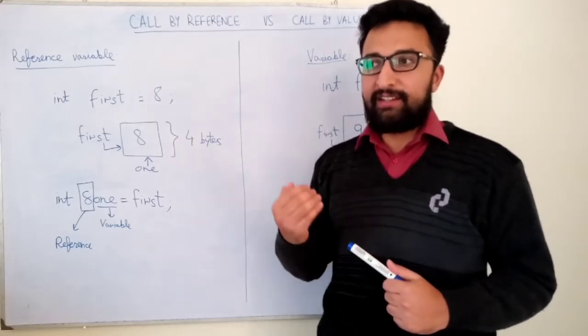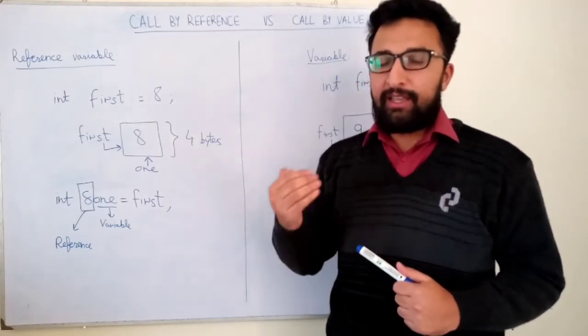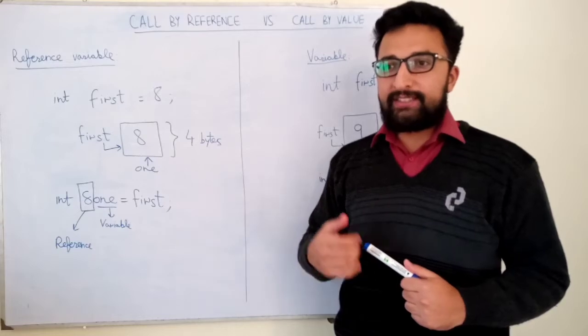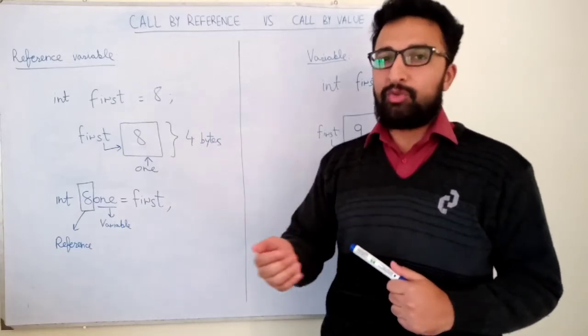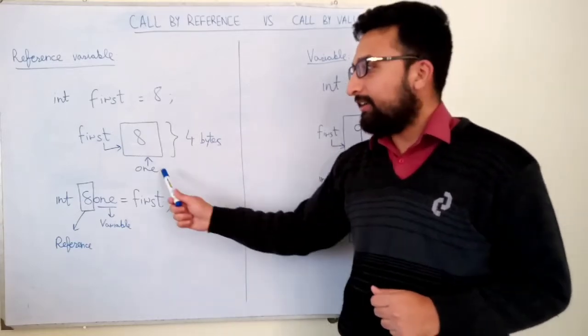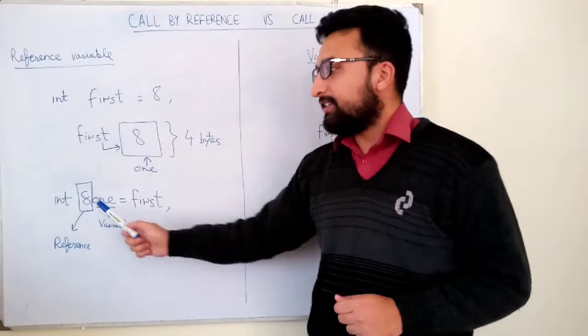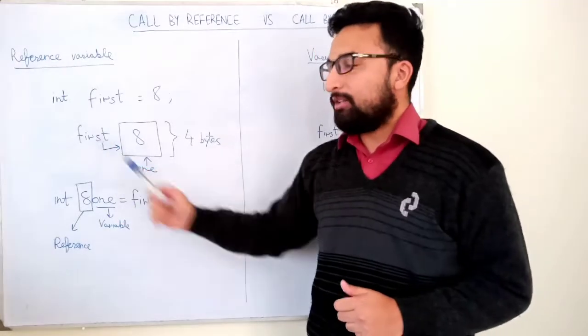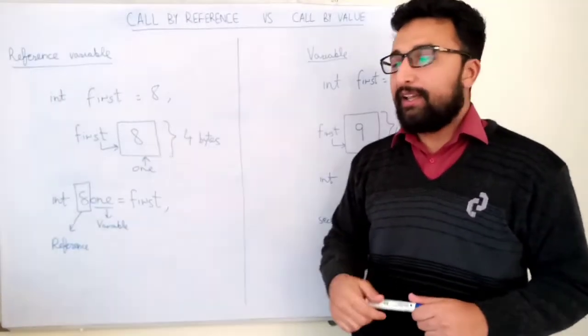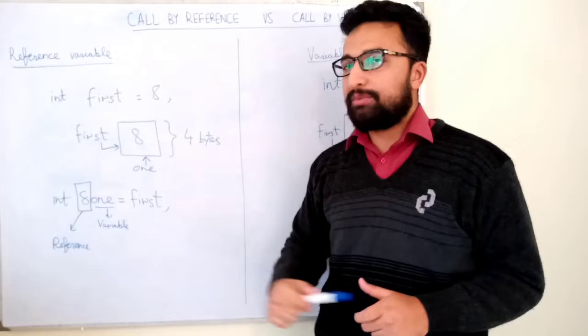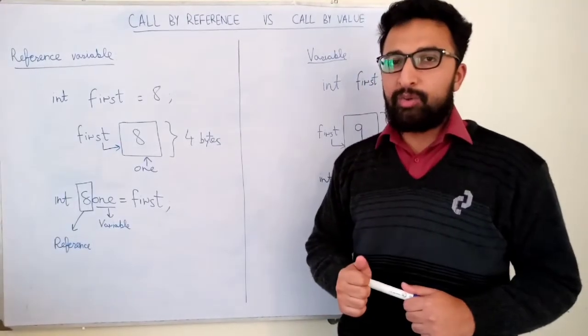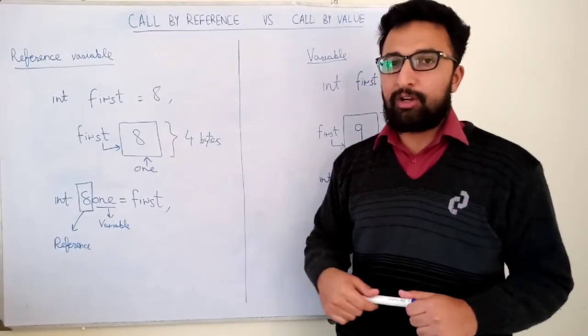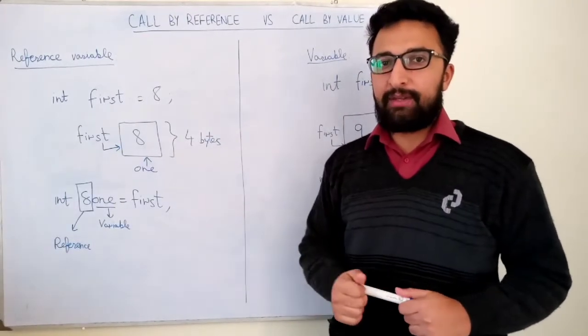Their name in the movie or show serves as a reference to their actual name. Similarly, here this reference variable serves as a reference to the actual name of the variable, and both of these names can be used to manipulate the data of this particular space in the memory.